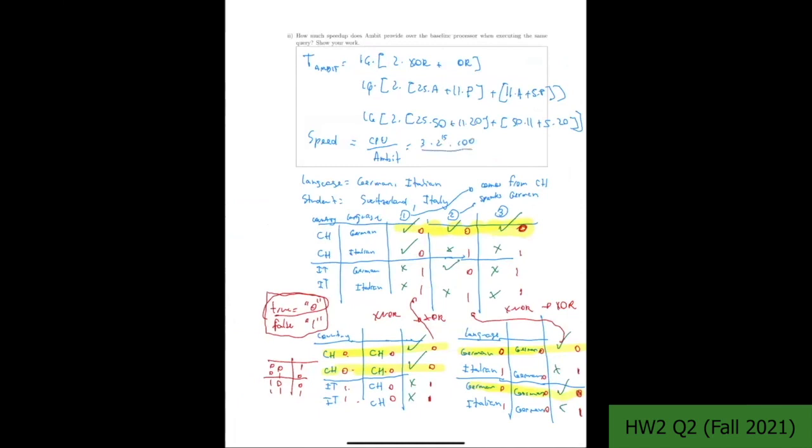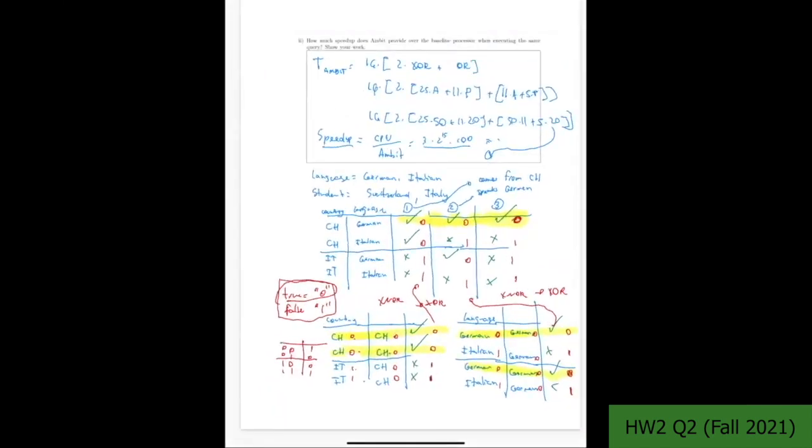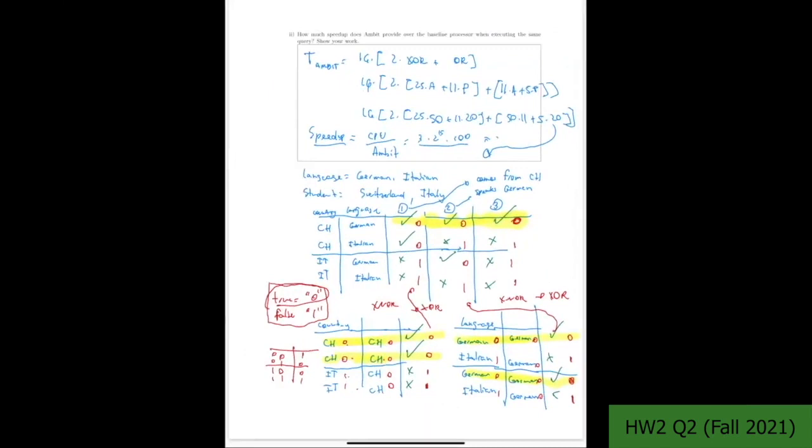And for ambit is what we just had over here, this latency over here. So this is going to give you the speed up. So it's pretty much this. Hope it's clear how to solve the question. The key is to have this assumption over here. And pretty much that's all. So good luck with the exam.